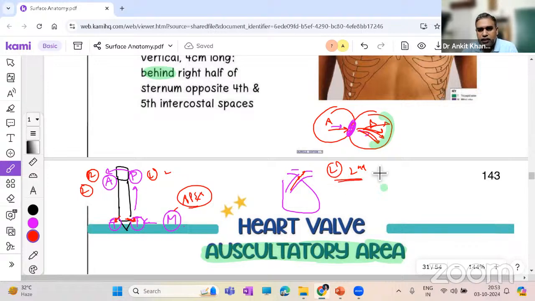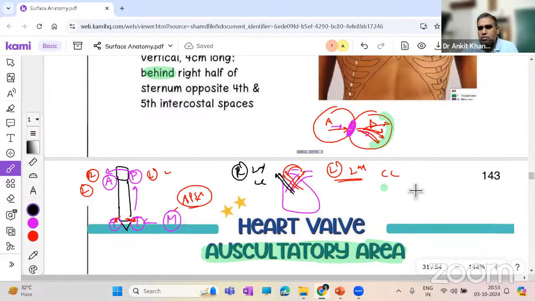But if you look at the aorta, the ascending aorta starts like this and then forms an arch. So if there is any turbulence in the aortic wall, the blood is going in this direction. So the aortic area is right side second costal cartilage, not left.